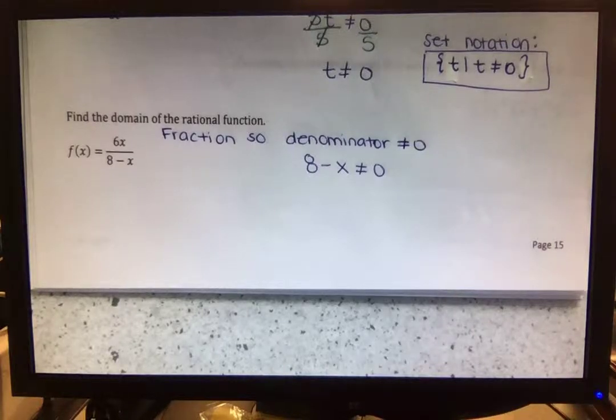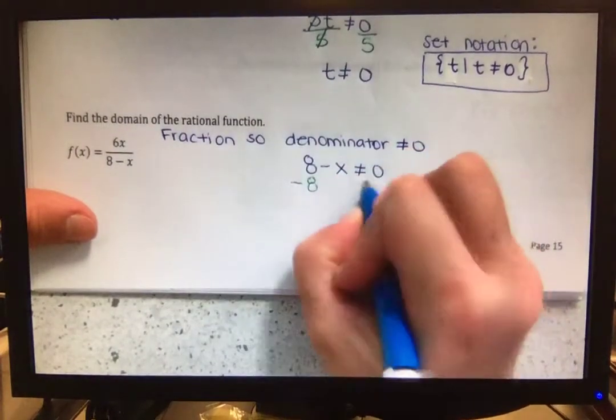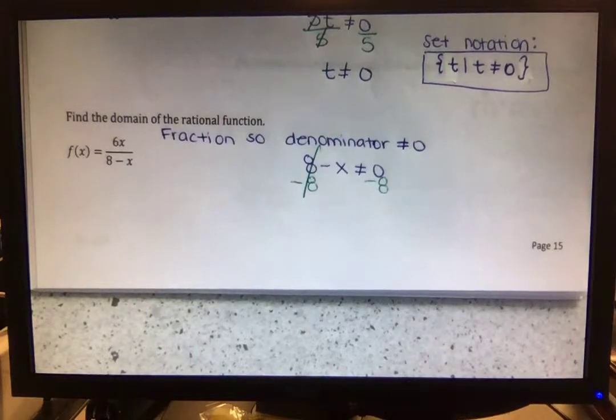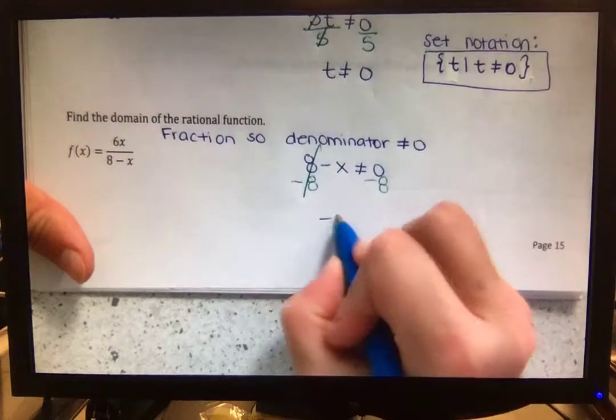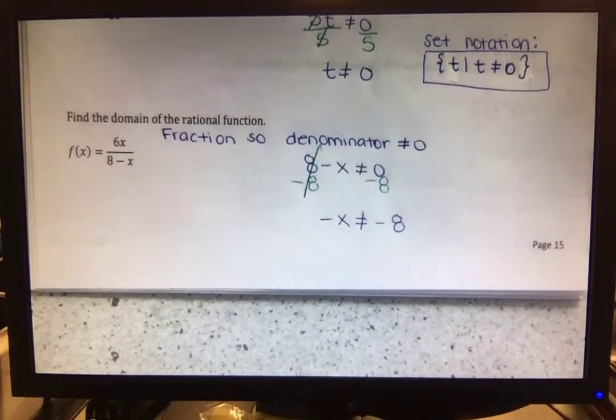Couple options. How would you solve for x here? Subtract 8. So that way 8 minus 8 cancels out, goes to 0. We're left over with negative x cannot equal negative 8. Last but not least, getting x by itself.